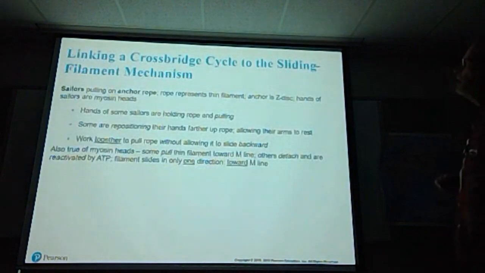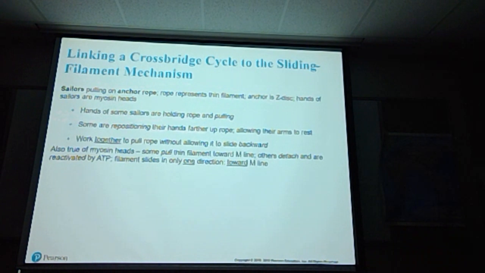Another video. Linking cross-bridge cycle to its sliding filament mechanism. Sailors pulling on an anchor rope. The rope represents the thin filament. The anchor is the Z-disc. The hands of the sailors are the myosin heads. The hands of some sailors are holding the rope, while the hands of other sailors are pulling the rope.